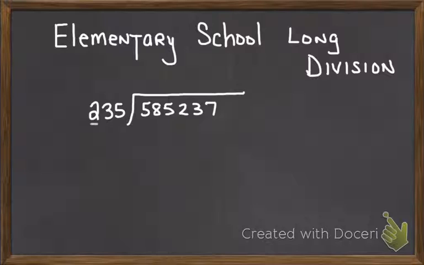How many times does 2 go into 5? Because chances are, how many times 2 goes into 5 is the same thing as how many times 235 goes into 585. Think about that for a second. So what I'm thinking, 2 goes into 5 at most twice. So with my long division, I'm going to put that 2 up there.